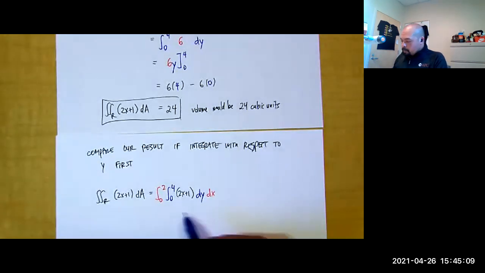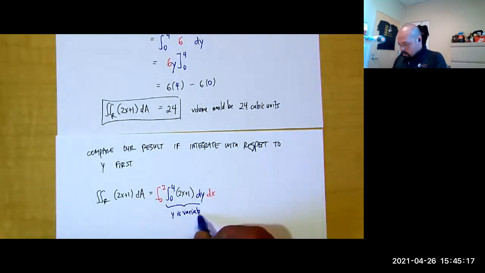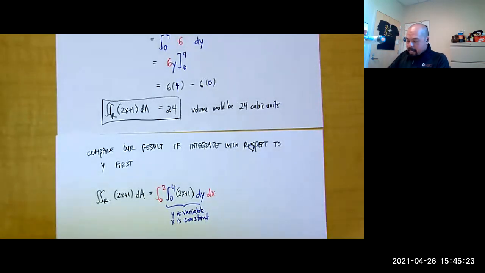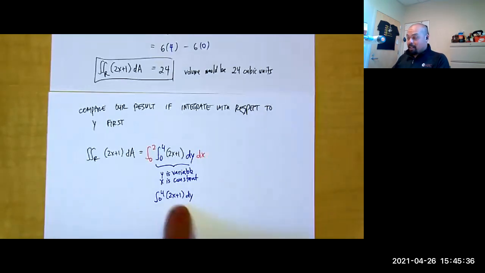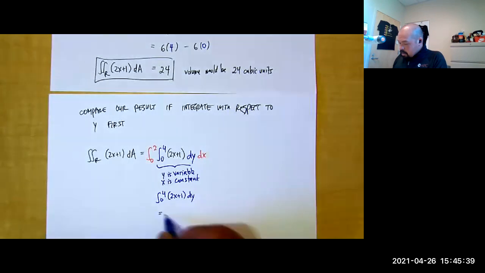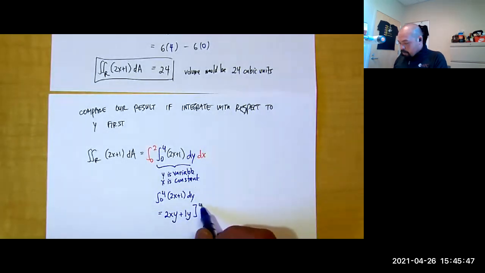So remember, y is the variable, x is a constant. So in this case, whether you want to go term by term, or just see that that entire 2x plus 1 is a constant, we can say that we get 2x times y plus 1 times y evaluated from 4 to 0.